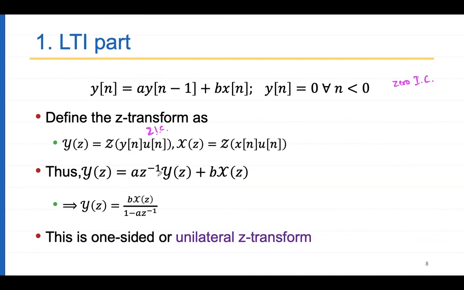Now this kind of transform is called the unilateral z transform, because it considers only the right half of x[n] or y[n]. The summation of y[n]u[n], where u[n] makes n start from 0 to infinity, times z to the power minus n, is my Y(z), the unilateral z transform of y[n].